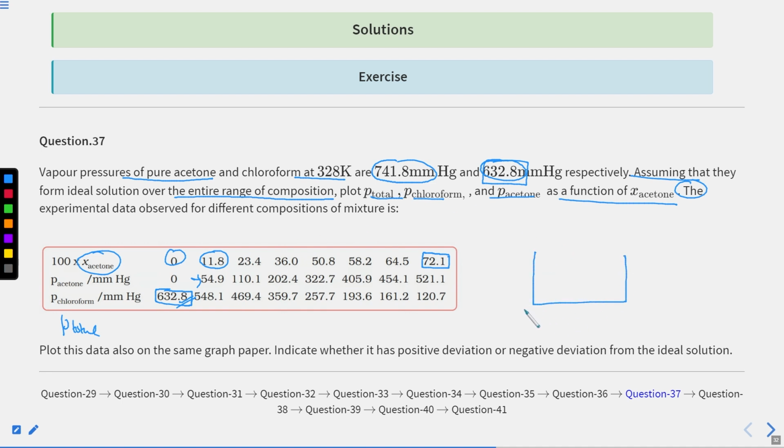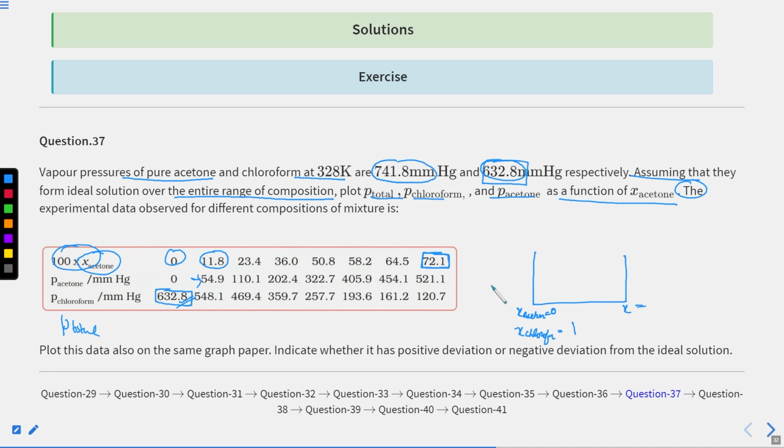On one side, we will have chi acetone equals 0 and chi chloroform equals 1. Since one is 0, the other will be 1, right? At the other end, we have this value as 72.1, which is multiplied by 100.